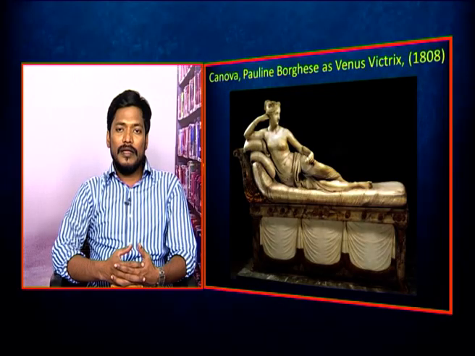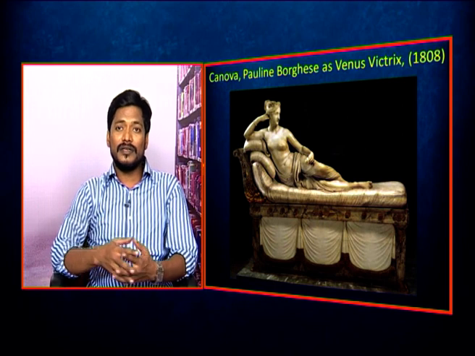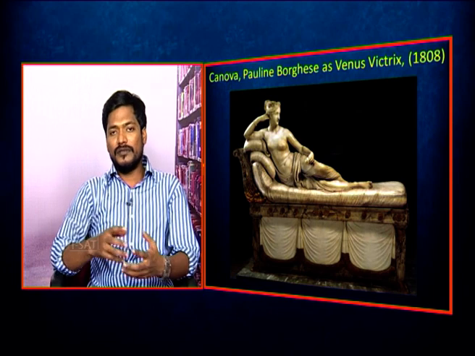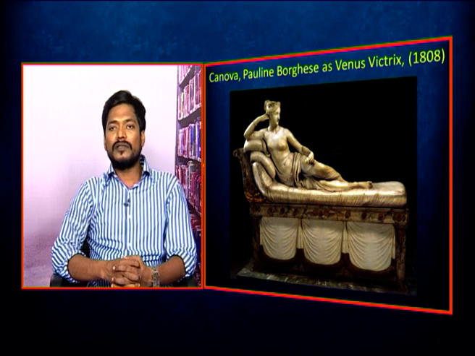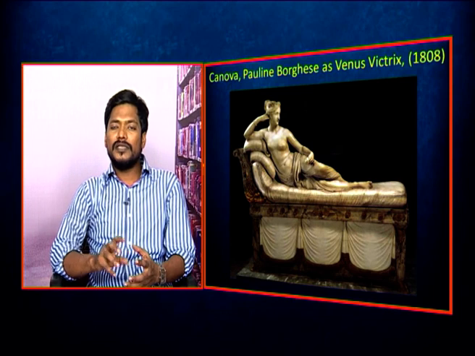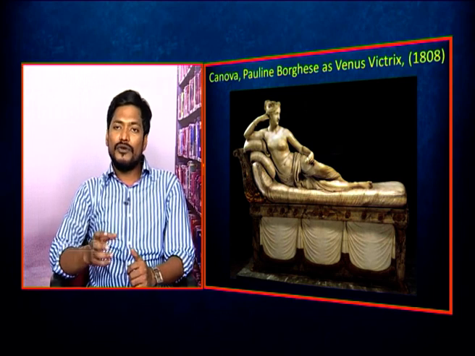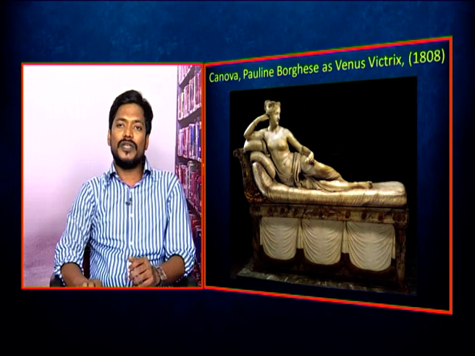Napoleon's sister wanted to pose like a Roman goddess, like Venus actually. So, you can see here Pauline Borghese, the sister of Napoleon, is posing like Venus, right. So she wanted Canova to depict her as Venus, and you can see it is very close to what we saw earlier, right, the Odalisque. The posture is very much commonly used at that point of time.